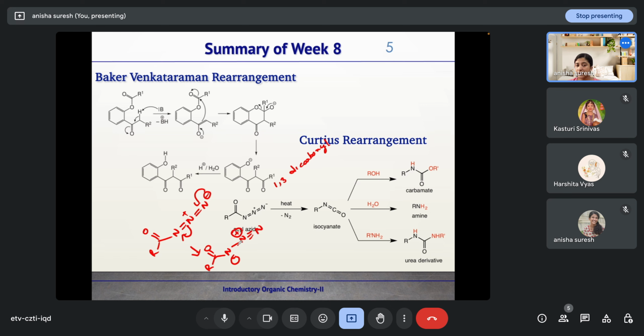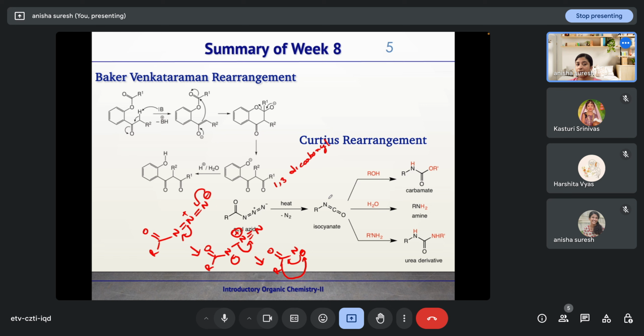Now this N2 can be lost, and there will be a nitrene intermediate. Then this group can migrate to this nitrogen, and it will lead to the formation of this isocyanate.